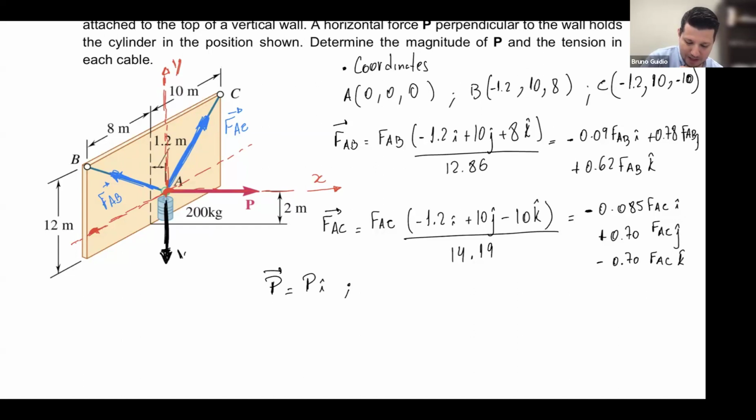W vector: 200 kilograms times 9.81 is 1962 newtons.